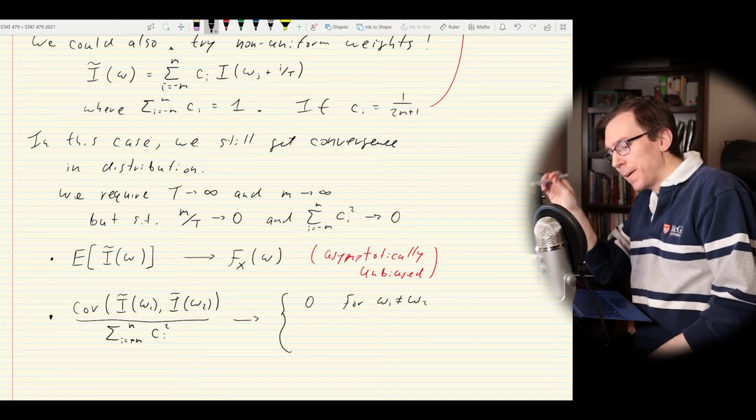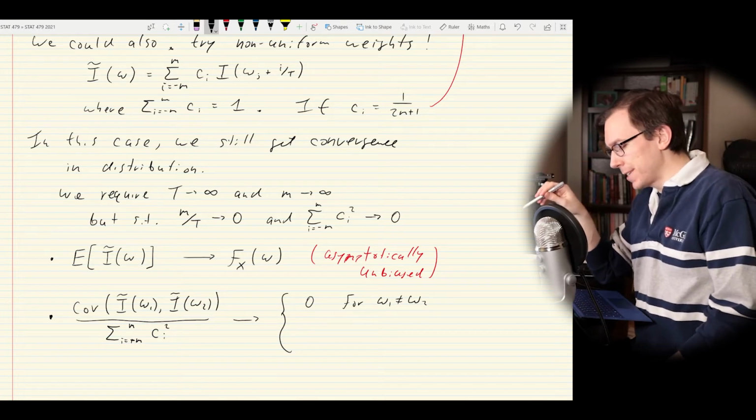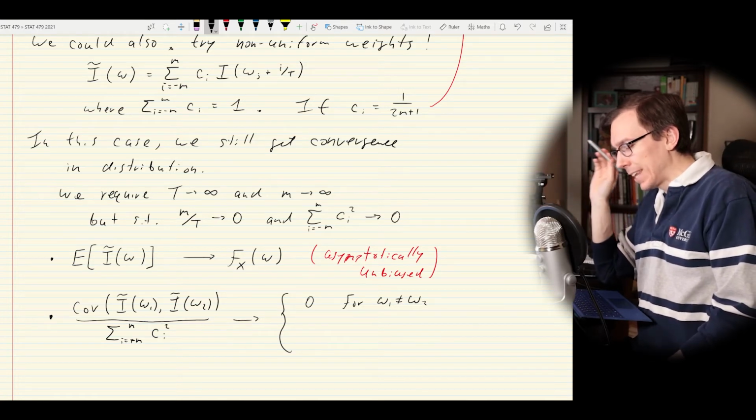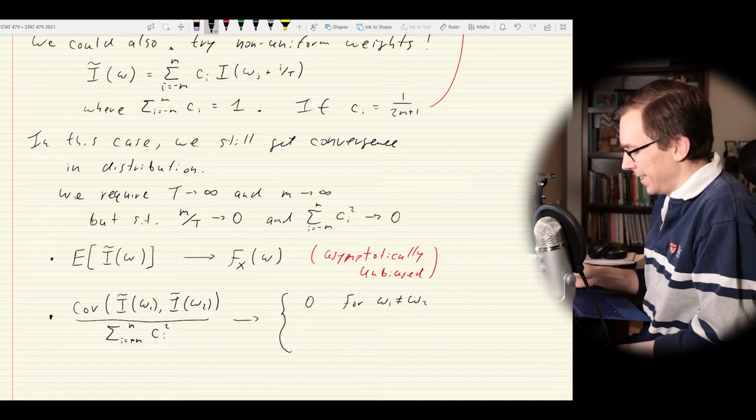That means that at two distinct frequencies, in the limit, our estimator is uncorrelated.